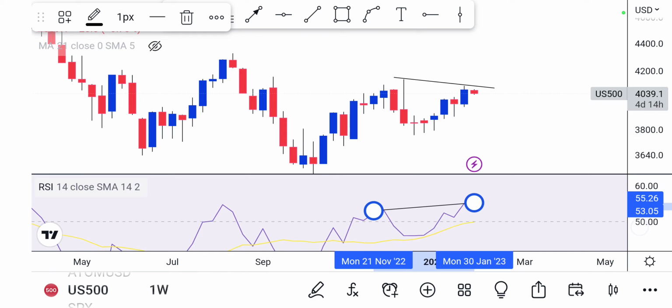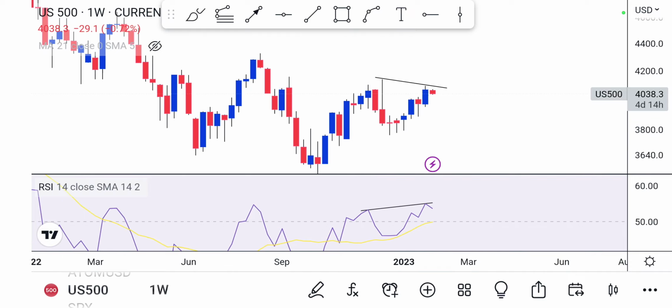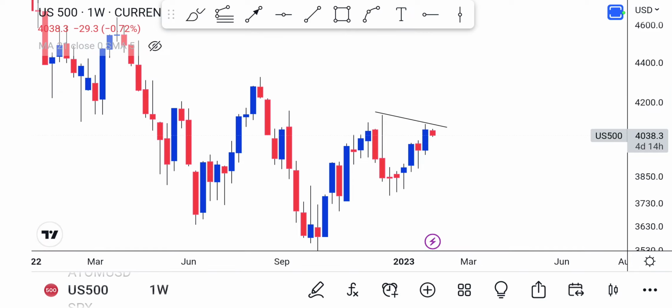We need to be very careful of what we do here. Though if the XY drops heavily, you should know there will be a good breakout continuation here. Not really much on the XY and this US 500.